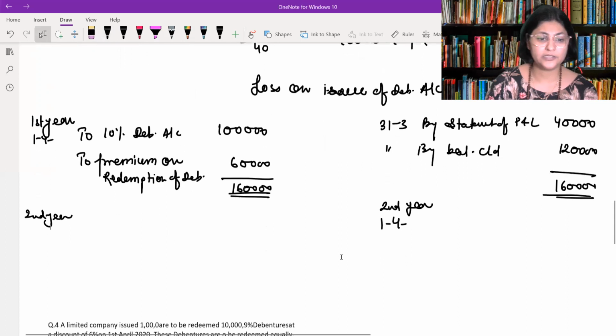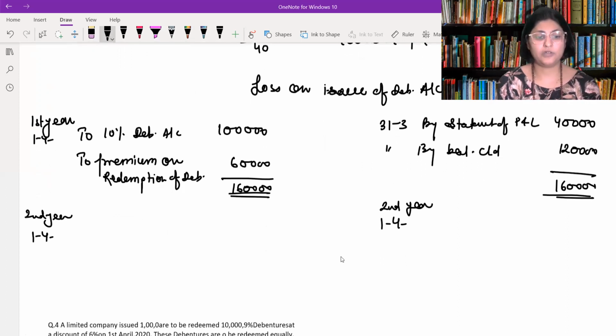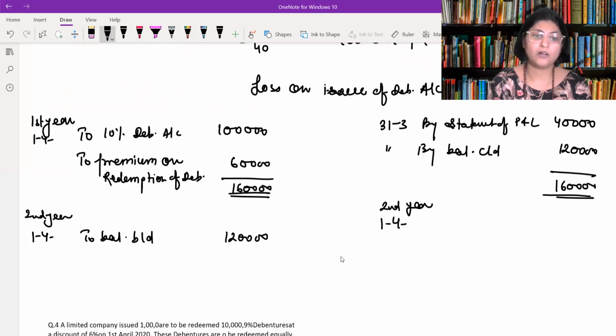On the debit side, since it is a loss account, it will have the opening balance. I will write to balance brought down, and the balance brought down over here will be 1,20,000. In this year, on 31st of March, we will again write off. How much will be written off?